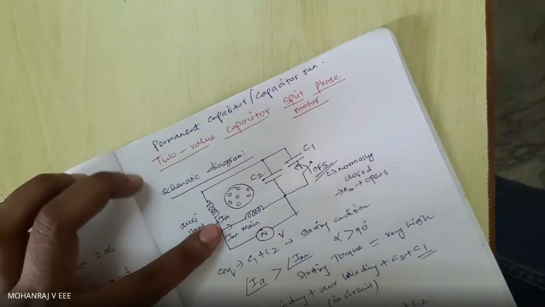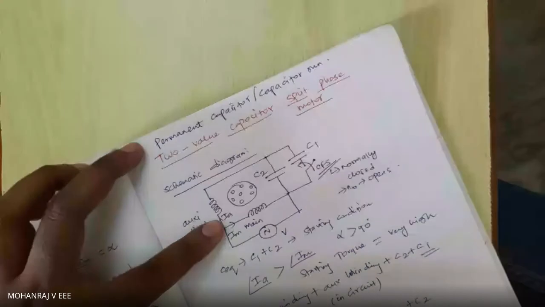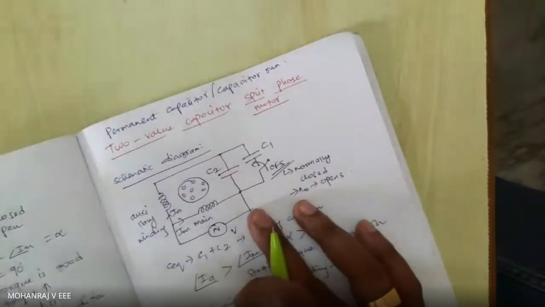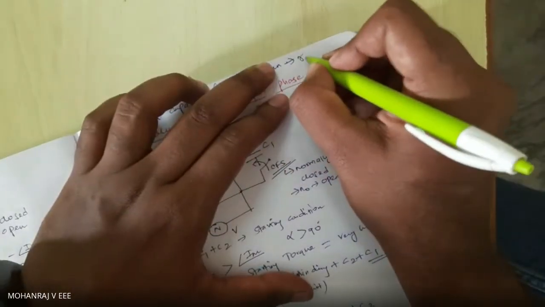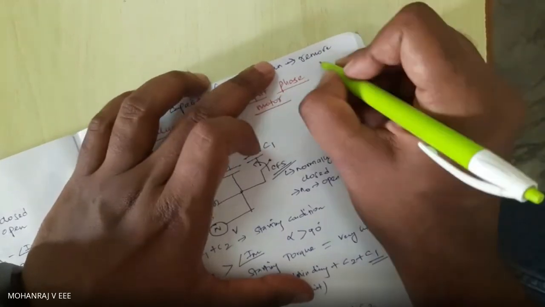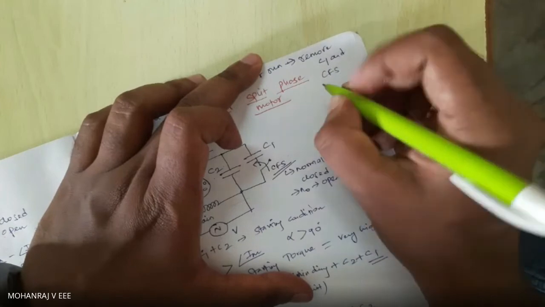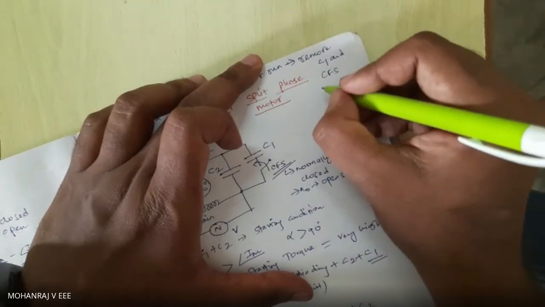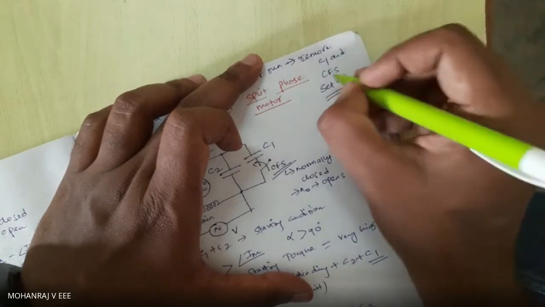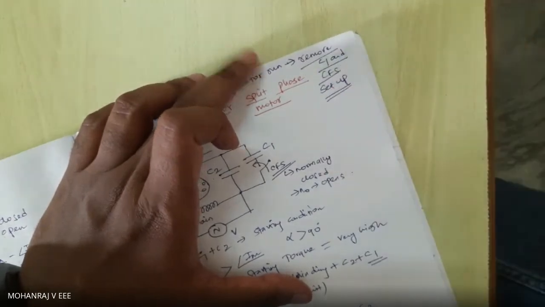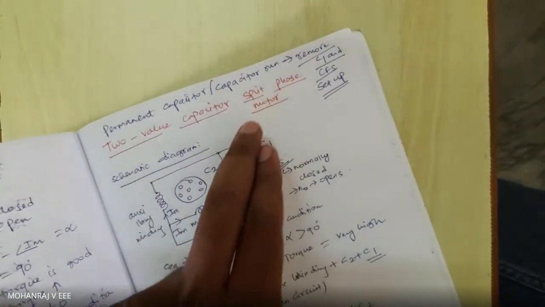So how can that be obtained? Just from your two value capacitor split phase motor, remove C1 and CFS setup. Remove CFS and C1 setup, you will get your permanent capacitor or capacitor run split phase motor.